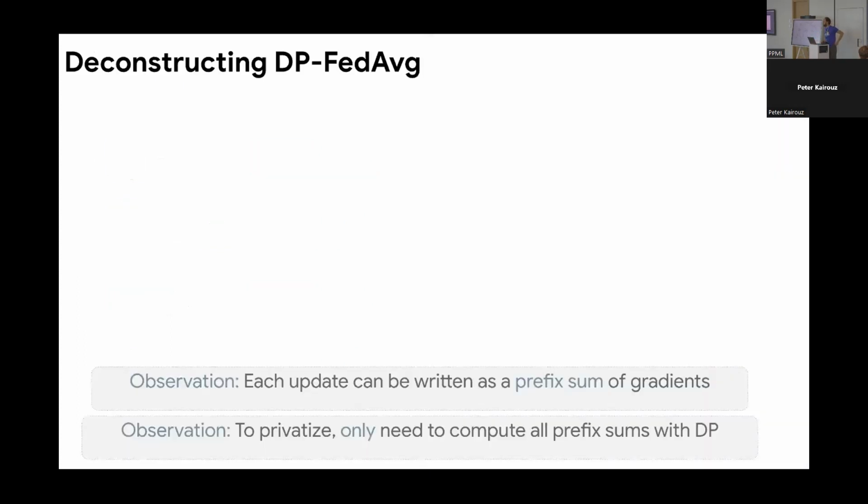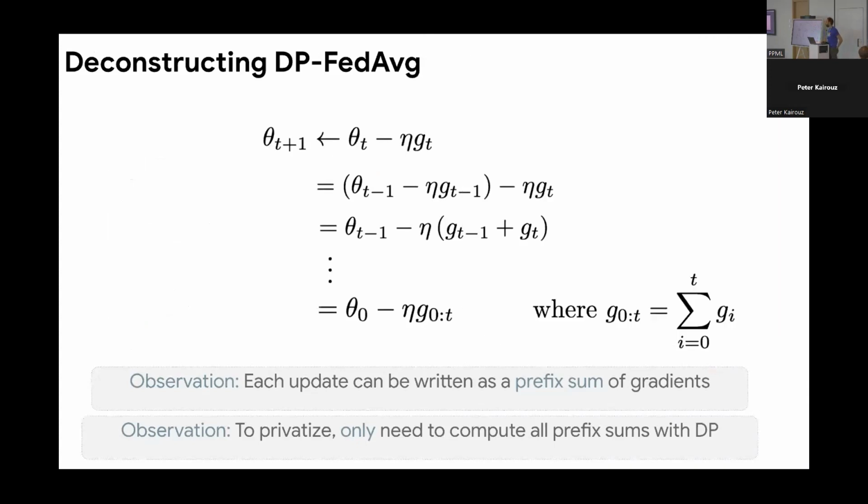So it turns out that if you take any stochastic gradient descent or mini-batch stochastic gradient descent, and if you unroll the algorithm, you'll notice the following. The model update at time step t plus 1 is the model at time step t minus the learning rate times the gradient that we see at time t, right?